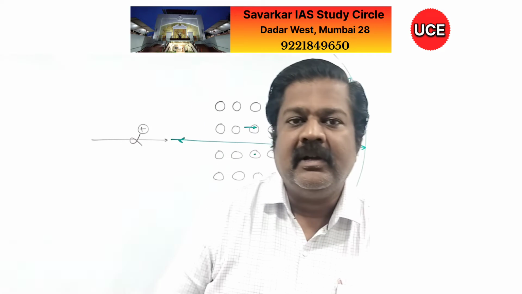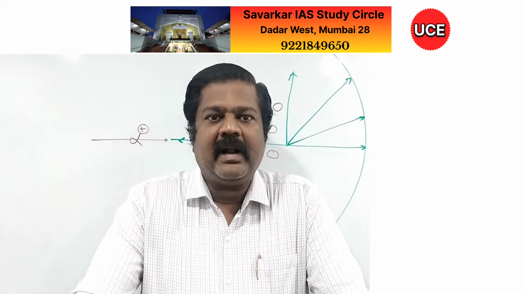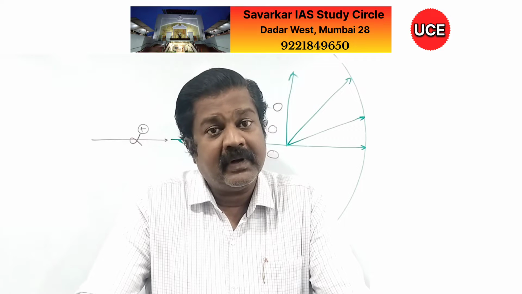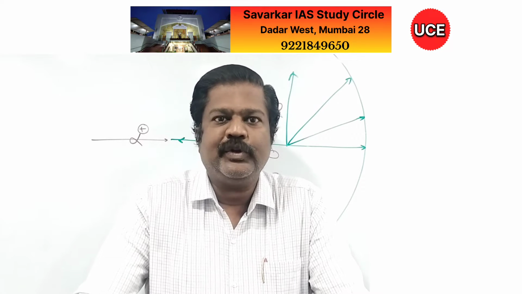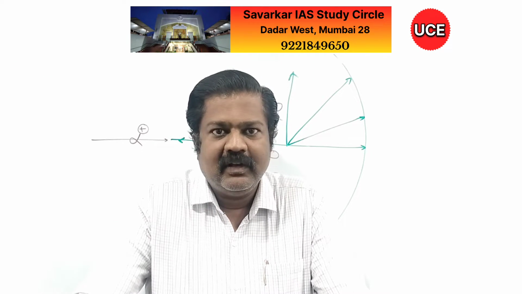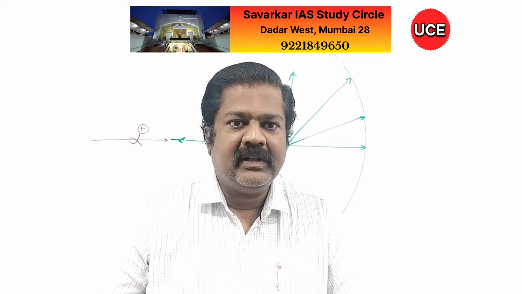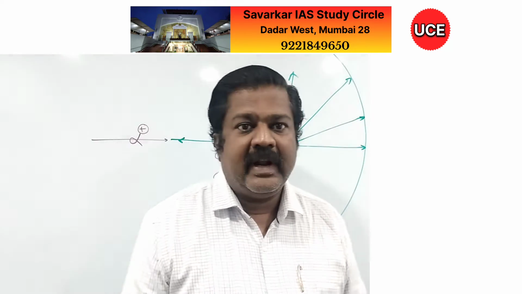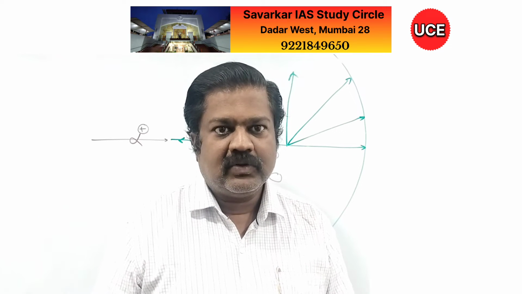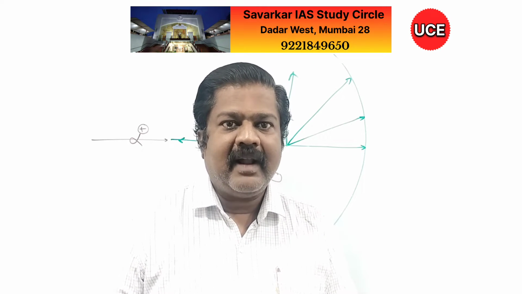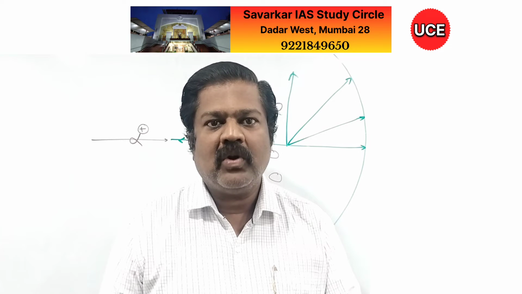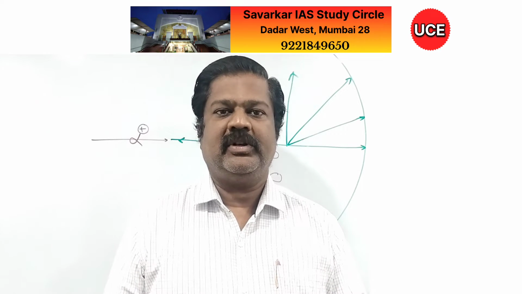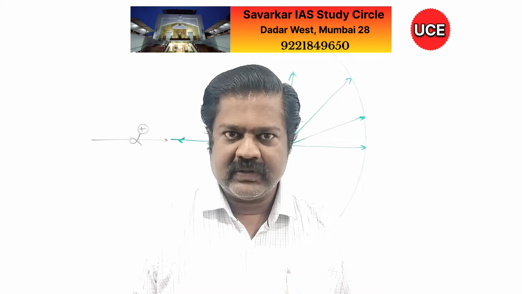Accelerated alpha particles have speeds somewhere around 3000 km per second to 30,000 km per second. Such high speed alpha particles are there, yet no holes are formed here. That means atoms are not displaced. So the atom's entire mass should be focused in a smaller region, which he called the nucleus.